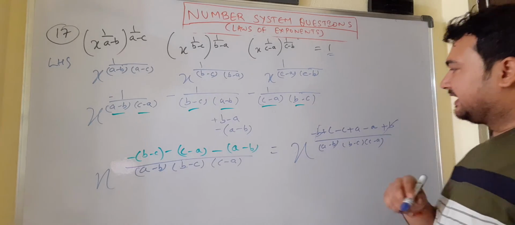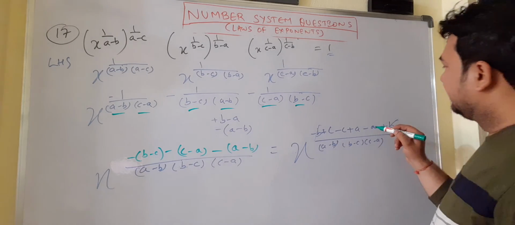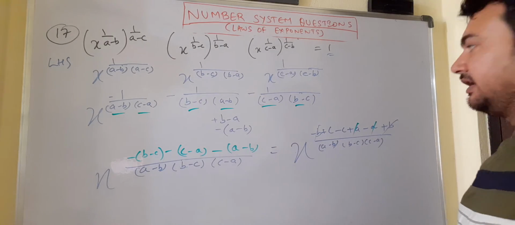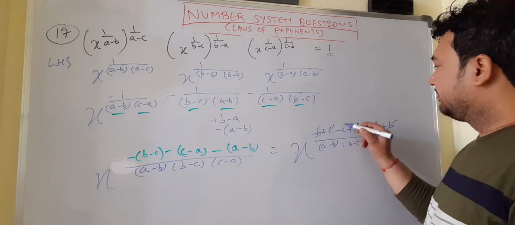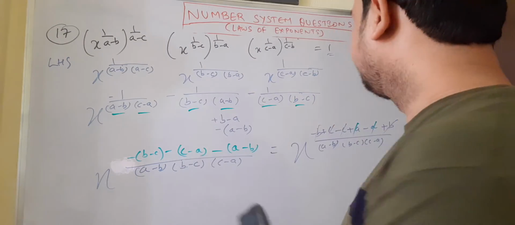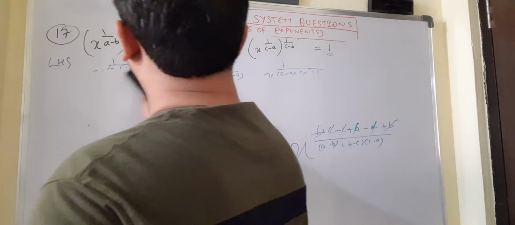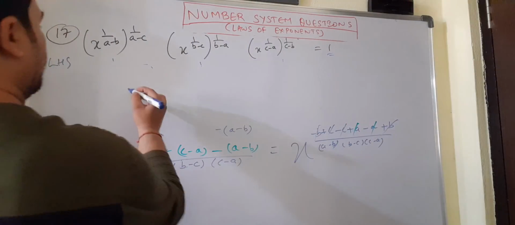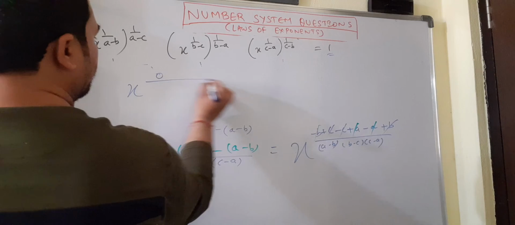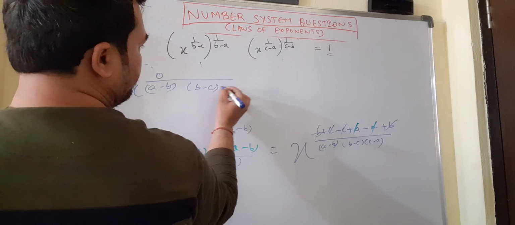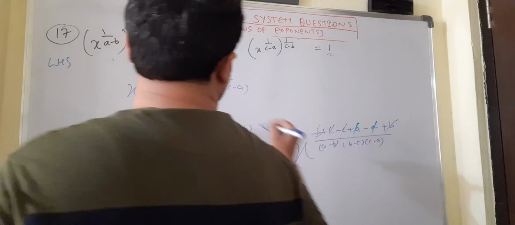Plus b minus b cancel each other, minus a plus a cancel each other, and plus c minus c cancel each other. So you get x to the power 0 by a minus b into b minus c into c minus a.